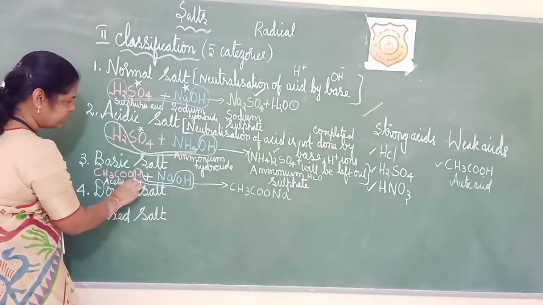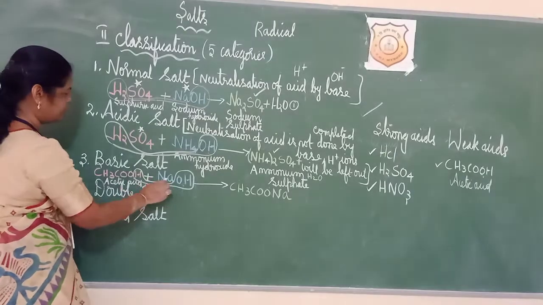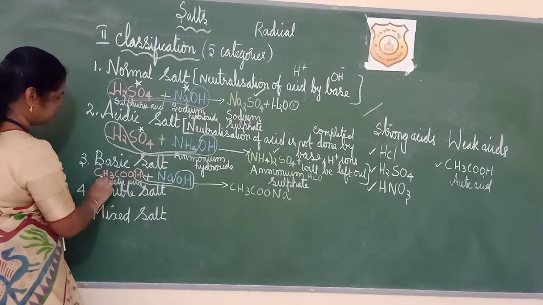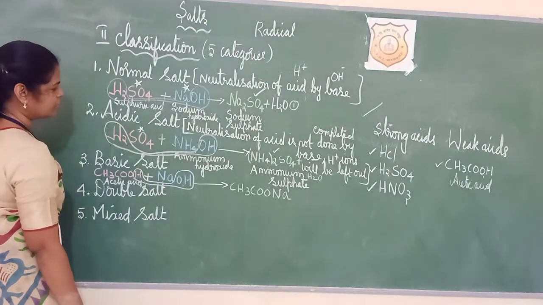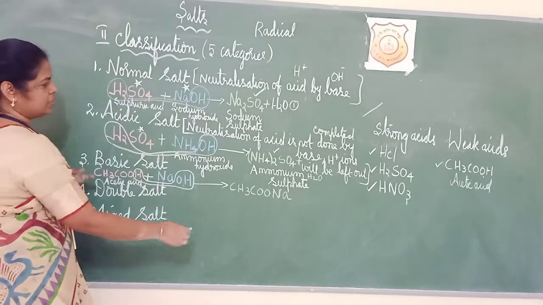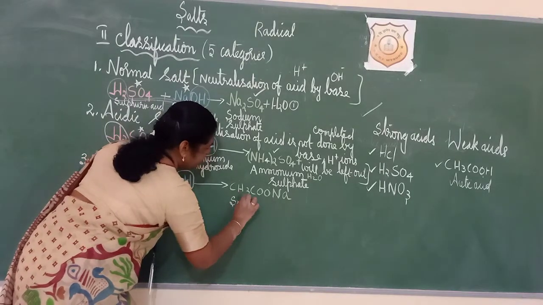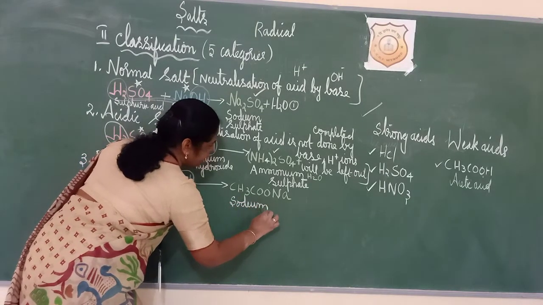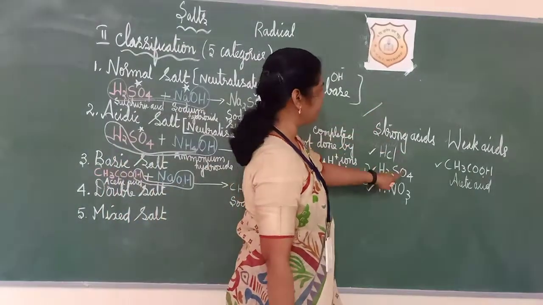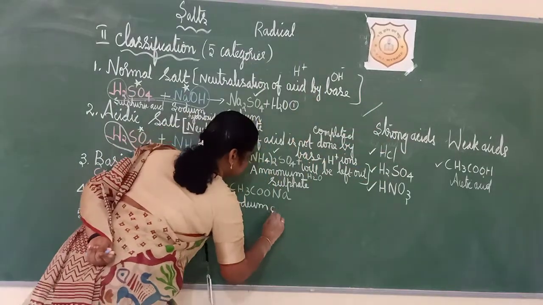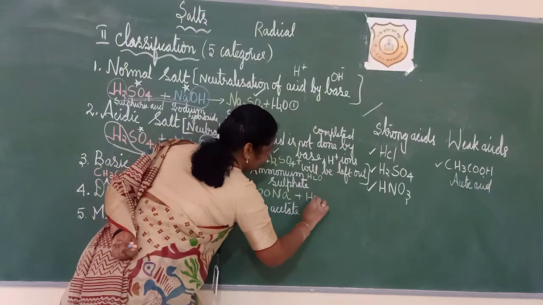This hydrogen will go and combine with this, and this sodium will come and join here. So CH3COONa. The name of the salt is what? Na is there, so you should write sodium. And if you use acetic acid, I told you, the family name should be acetate. So sodium acetate plus water.